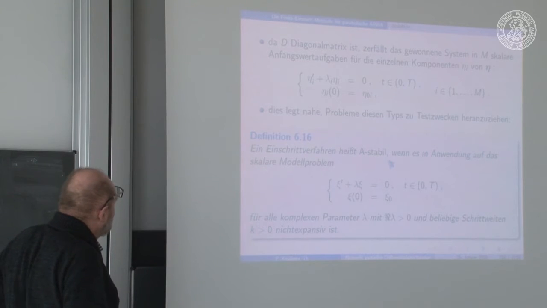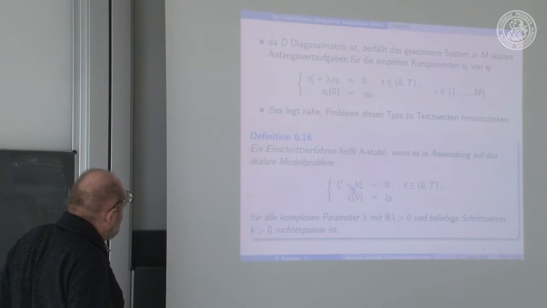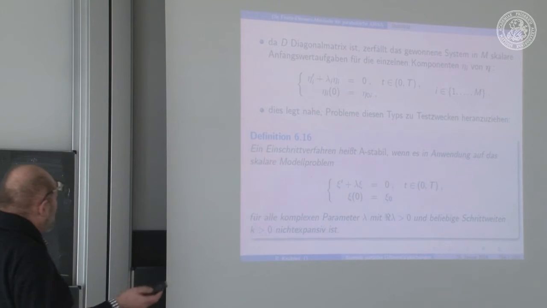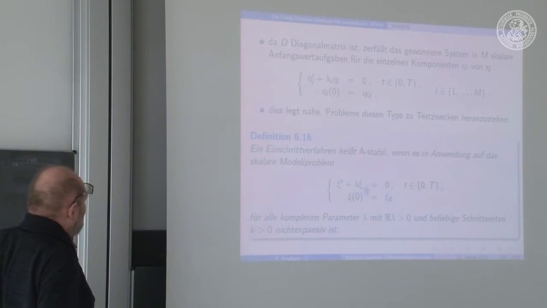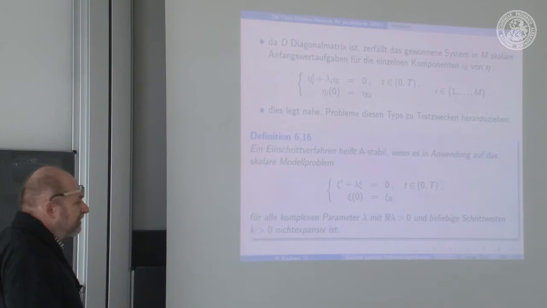And therefore it makes sense to formulate the conditions at this level, and to say we consider a method A-stable if, applied to this model equation, the discrete solution is non-expansive for all parameters lambda, which later are played by the eigenvalues, as long as the real part of this lambda is bigger than 0.